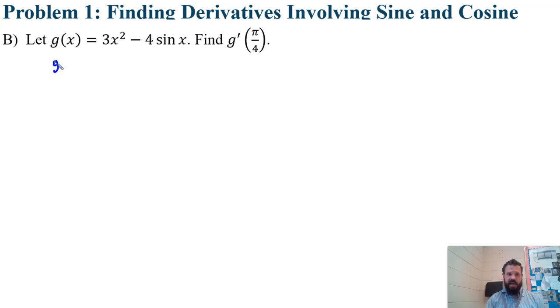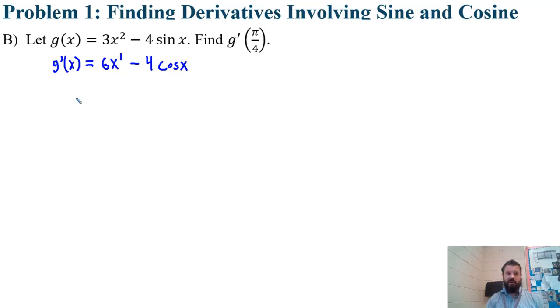So here I'd say g prime of x is equal to, applying my power rule, we'll multiply by 2 and then subtract 1 from the power. So that'd be a 6x to the 1. Now if you need to split that up into separate parts, feel free to do that, but we'll just keep moving here. Minus 4 times the derivative of sine x, which we said was cosine x.